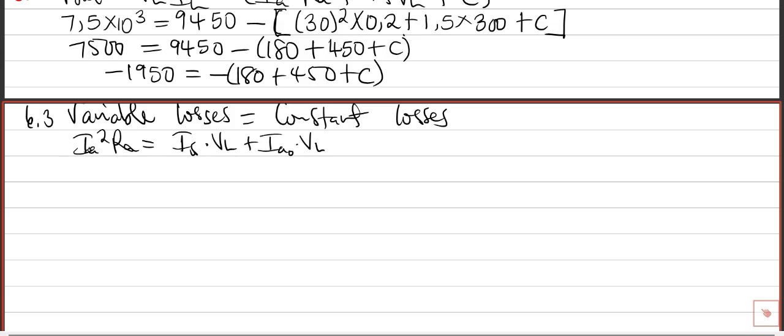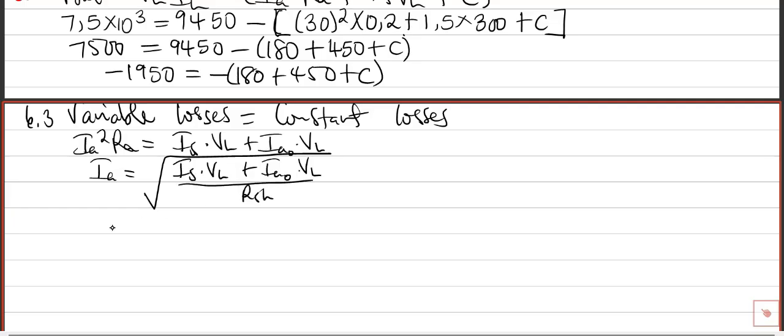The intention is to make IA the subject, so IA equals I shunt times VL plus IAO times VL all over R shunt.